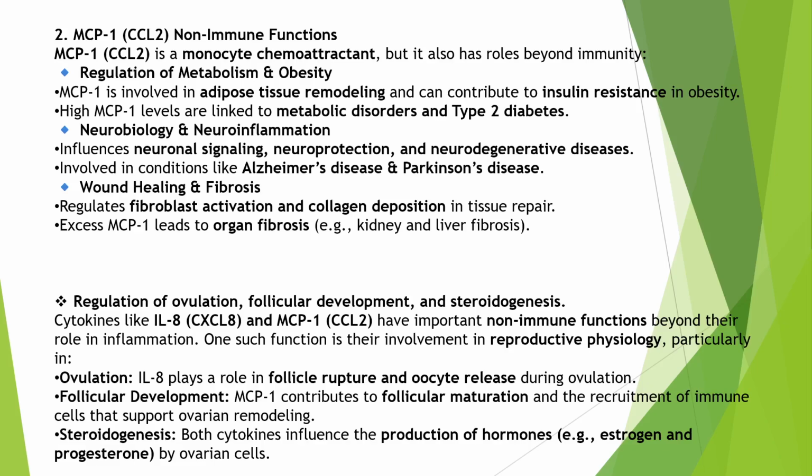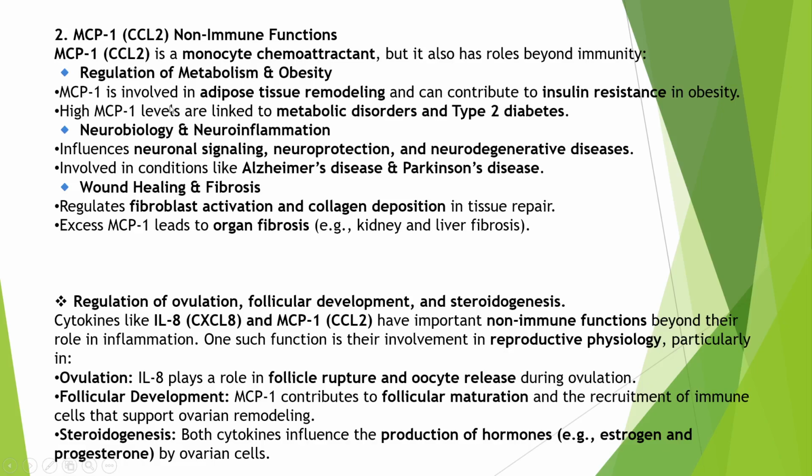Then your MCP1. So your MCP1, like I said, is a monocyte chemoattractant protein. It helps in attracting or recruiting monocytes at a site of requirement or site of infection. But it also has roles beyond immunity, that is in regulation of metabolism and obesity.